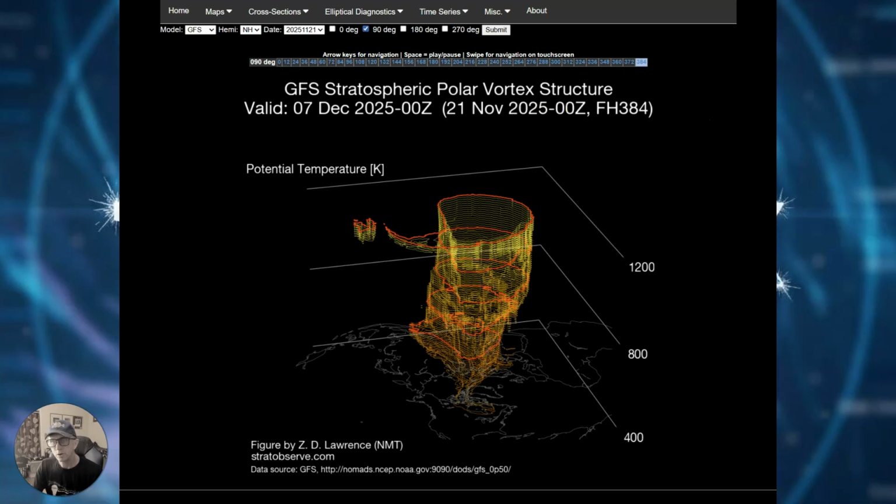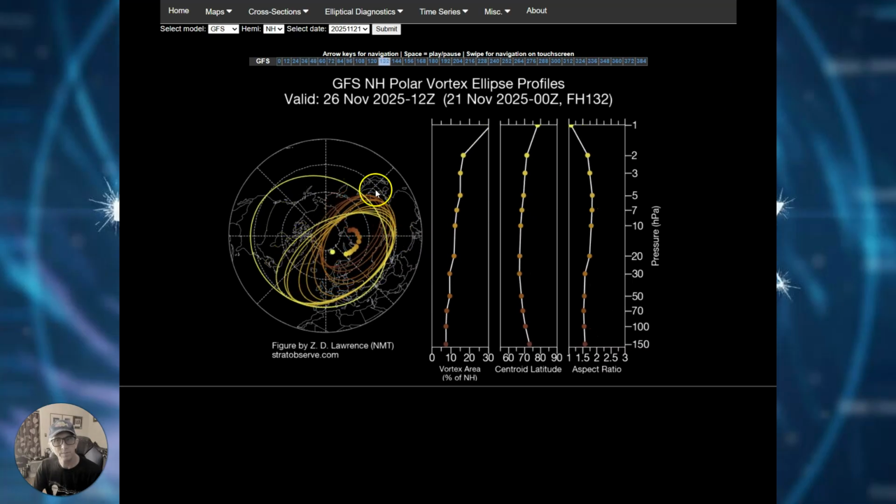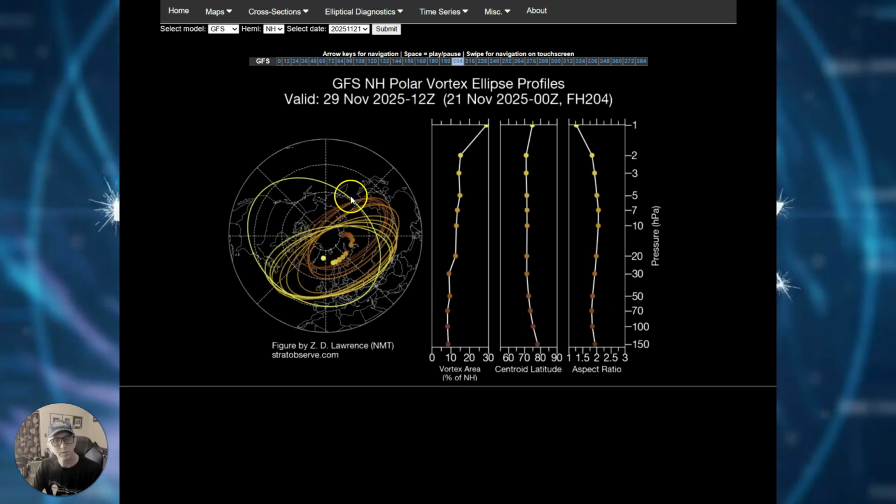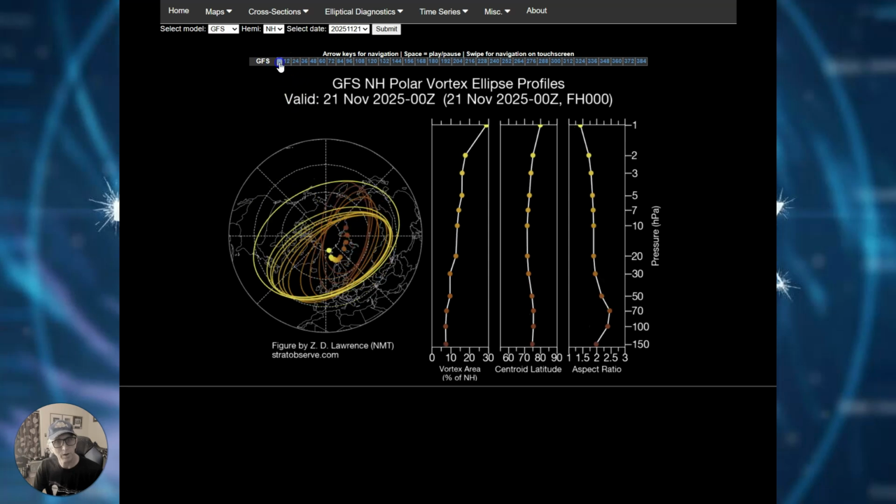I want to show you another way to look at it here, okay? This is the GFS depiction of what the polar vortex looks like, okay? And the different centroids and colors here are a depiction of the different pressure levels, right?